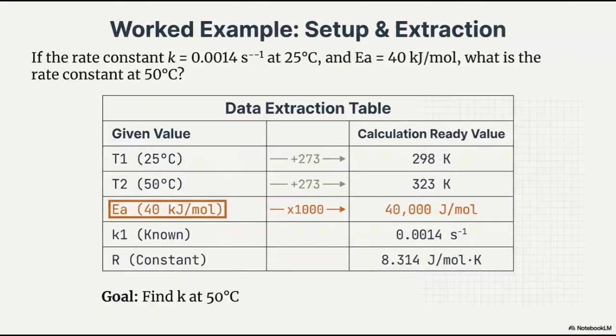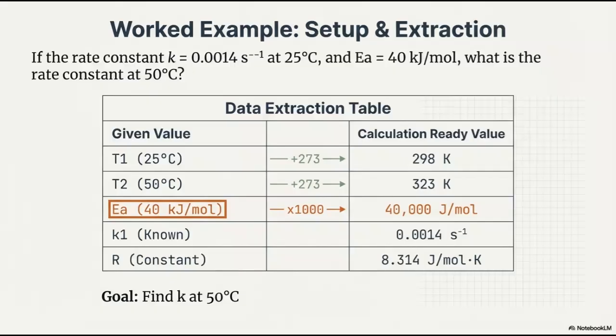I had the activation energy, it's in kilojoules, I had to convert that to joules, so I had to multiply by 1,000 to be able to do that. I don't know K2 because that's what I'm looking for. K1 is known, so that's given in the problem. K2 is the one that I need to find at 50 degrees Celsius.